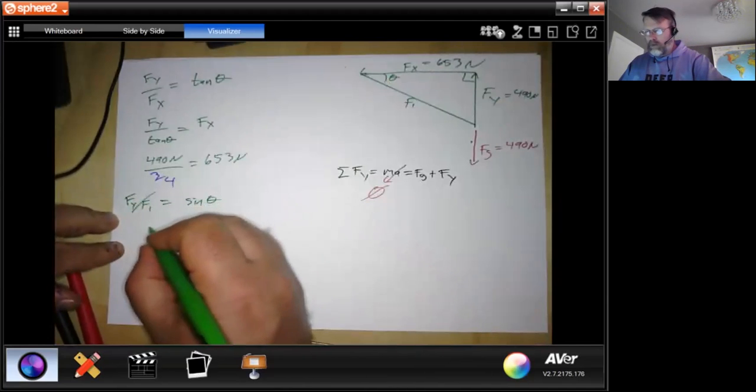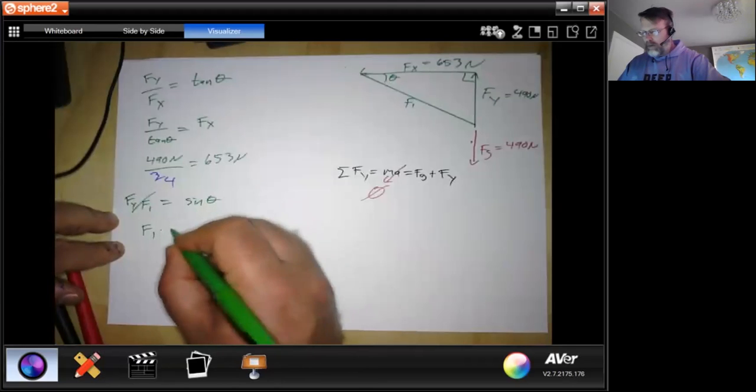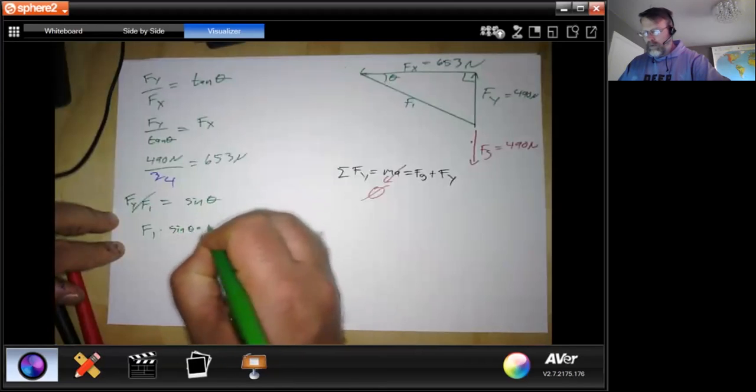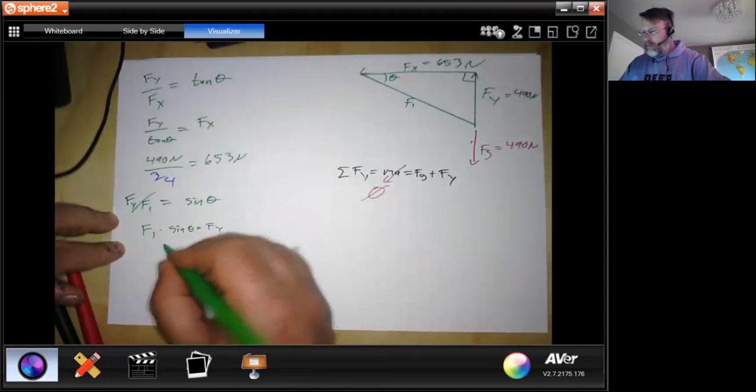So we could also do F1 times the sine of theta equals f of y, what we're trying to solve for.